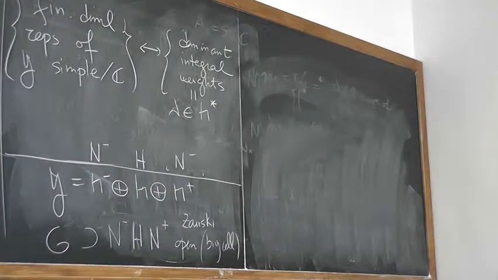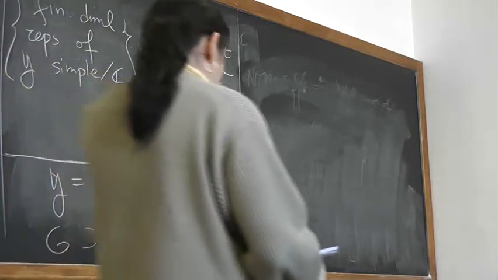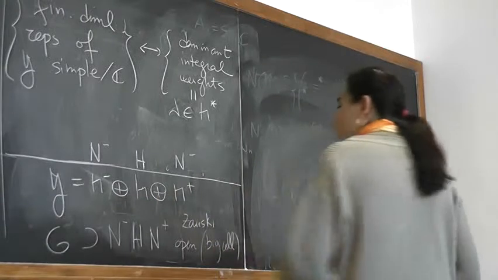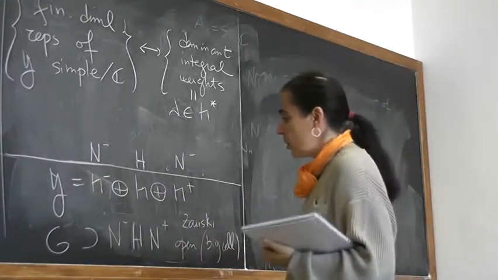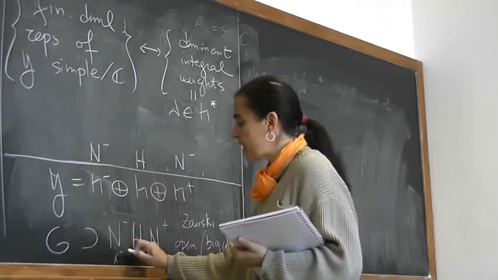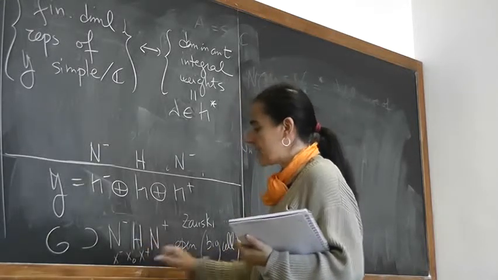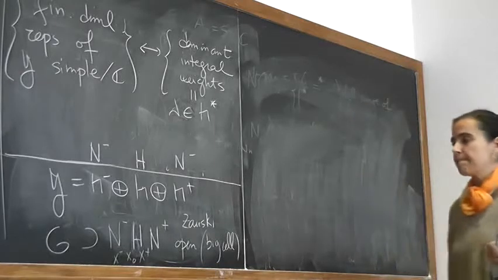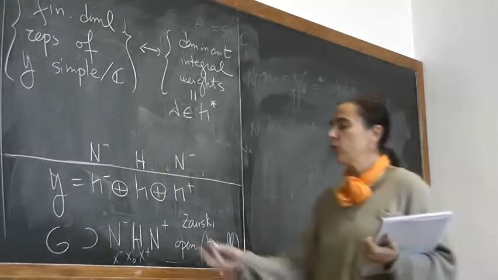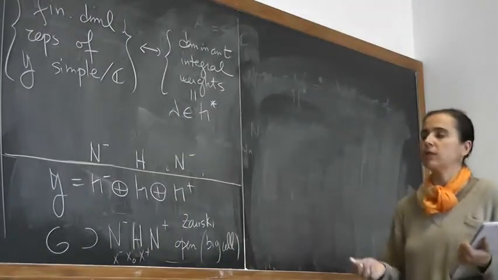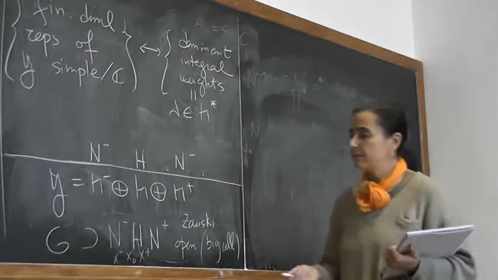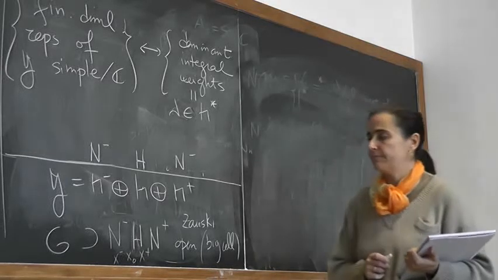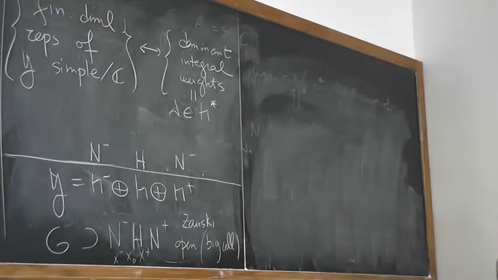So if you take an element in here, you can express it as a product of x minus, x0 and x plus, and you can express it in a unique way. This is not trivial to show, because I don't see why it should be true.